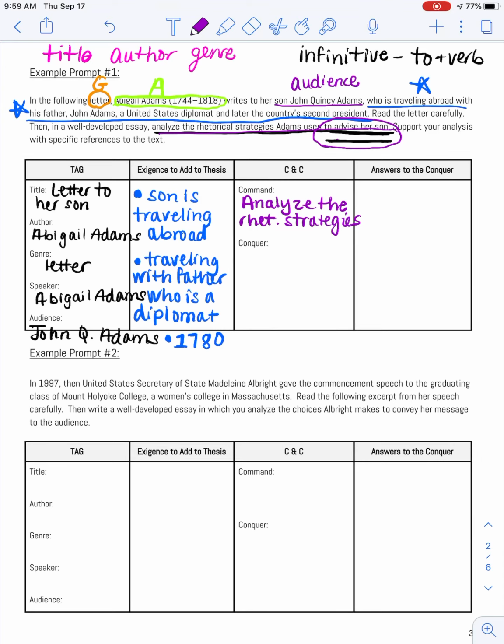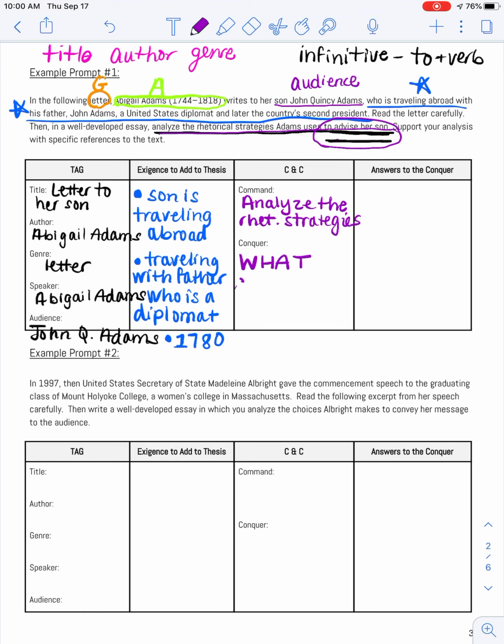And I need to ask myself, okay, what don't I know that is going to be reflected in the text, that I need to read the text to find out. And it always, always, always has to start with the word what. So if I look at this, I'm creating my conquer question, analyze the rhetorical strategies Adams uses to advise her son. My natural question, I'm looking at to advise her son, starts with what?